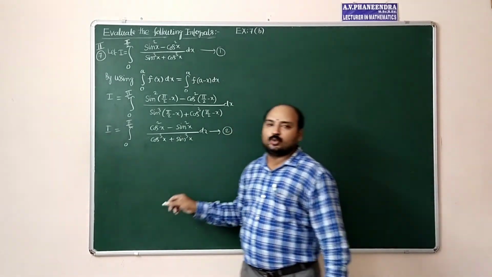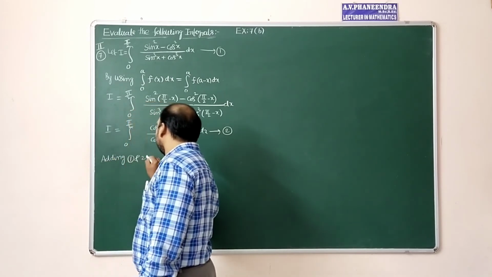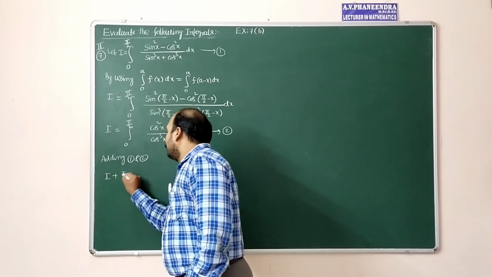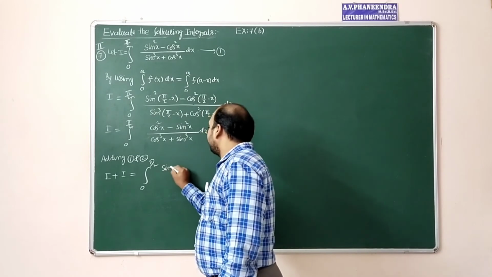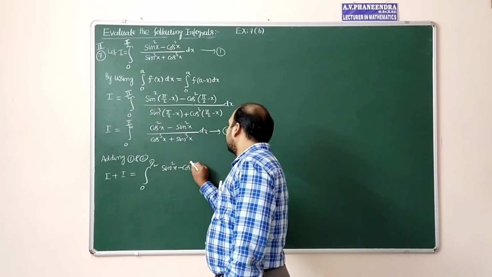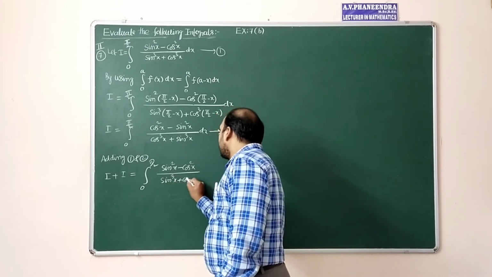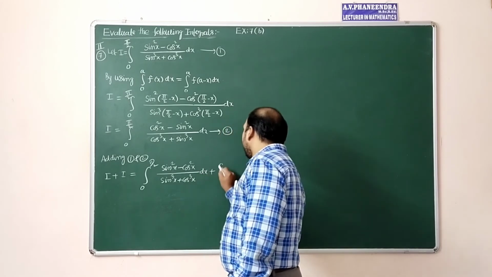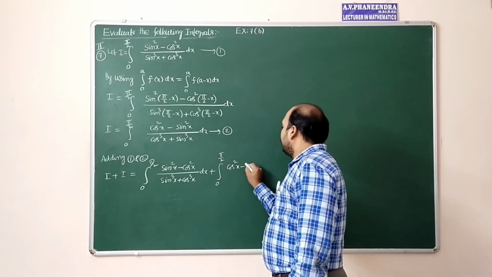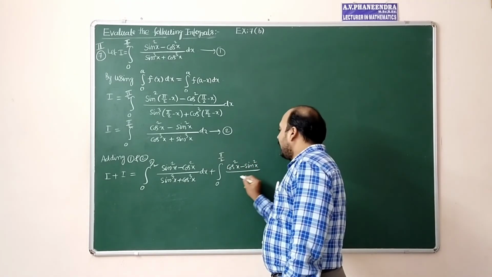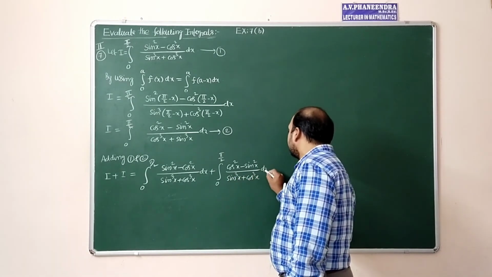After that, adding 1 and 2, we get I plus I equal to integral 0 to pi by 2 of sin square x minus cos square x divided by sin cube x plus cos cube x into dx, plus integral 0 to pi by 2 of cos square x minus sin square x divided by sin cube x plus cos cube x into dx.